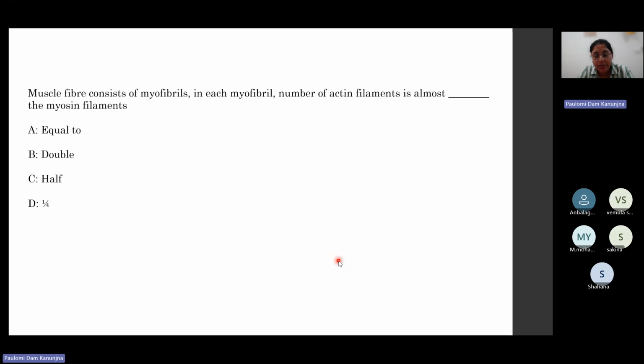Double. Anyone else? So you should see in terms of equal number, double, half, or one fourth.